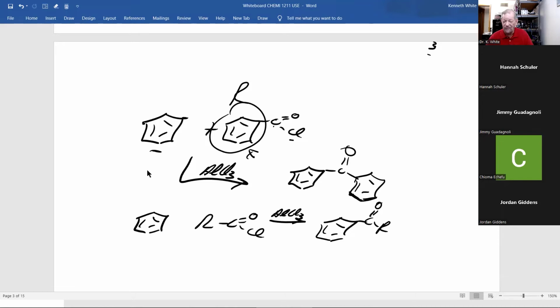And don't forget the bonds, or you could put a circle. Now, let's take a look at this molecule. It's got the common name, I don't know if that's also an IUPAC name, benzophenone.